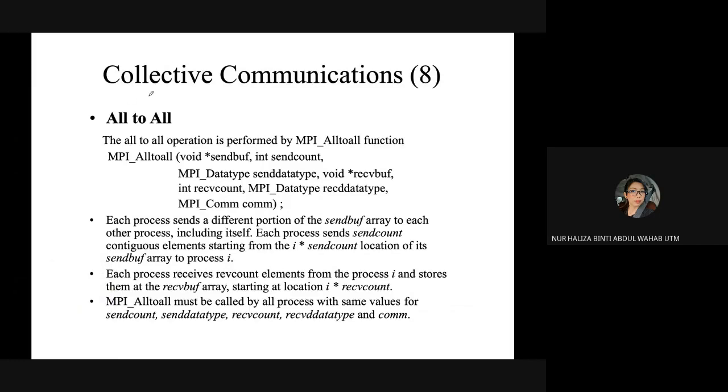Okay, you can see over here, if let's say we have the function of all to all. Each process is quite similar, as I mentioned, but sometimes you will see which process you need to call to use the MPI all to all, with the same values for send count, send data type, receive count, and receive data type, and lastly your comm.